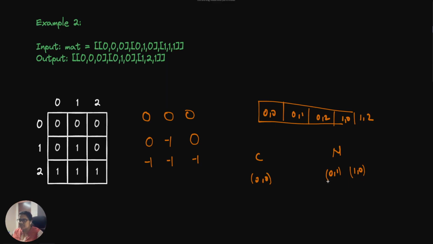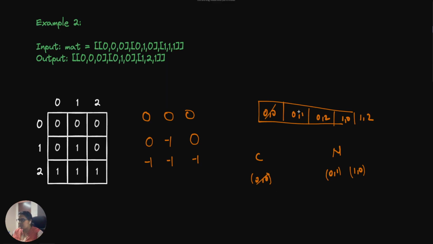If it's not visited, we calculate its distance and add it to the queue. If it is visited, we don't have to do anything. In this case, both 0,1 and 1,0 have 0 value, which means they are visited, so we don't have to do anything. We finished processing 0,0.